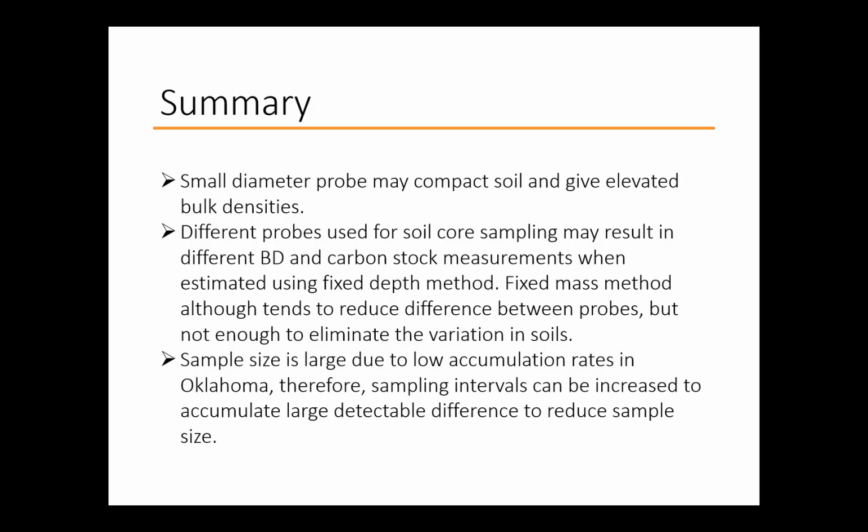So sample size in our case was large due to low accumulation rates in Oklahoma. So sampling intervals can be increased to accumulate large detectable differences to reduce sample size, but that will depend from field to field and its potential, how much it's going to accumulate per unit time.